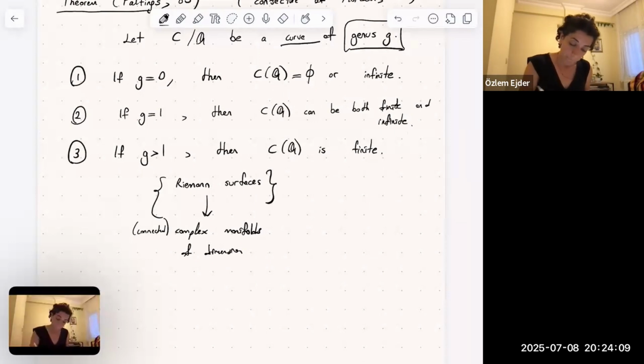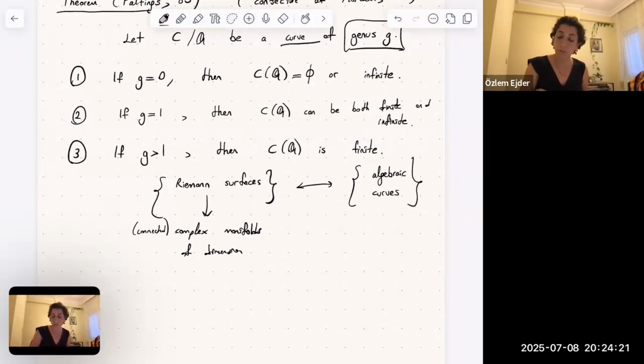And then on the other side, we have curves. I'm going to write here algebraic curves, but these are the ones that I've been looking at in this talk. This just means I'm looking at the curves defined by polynomial equations. So these algebraic curves are also defined over C. So on one side, we have topology, and here we have the arithmetic.